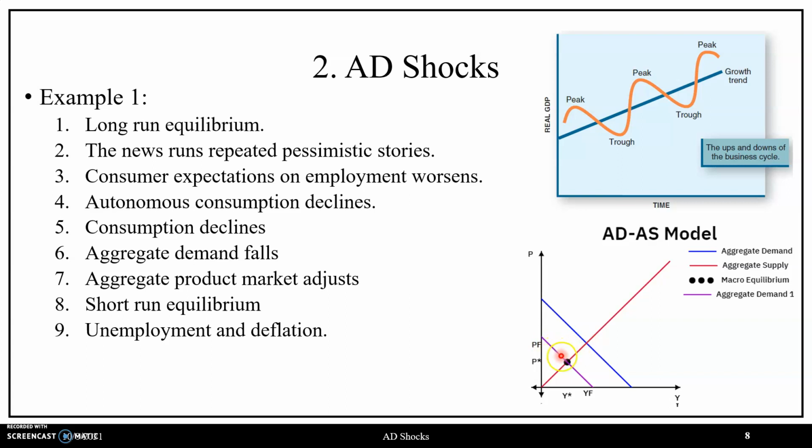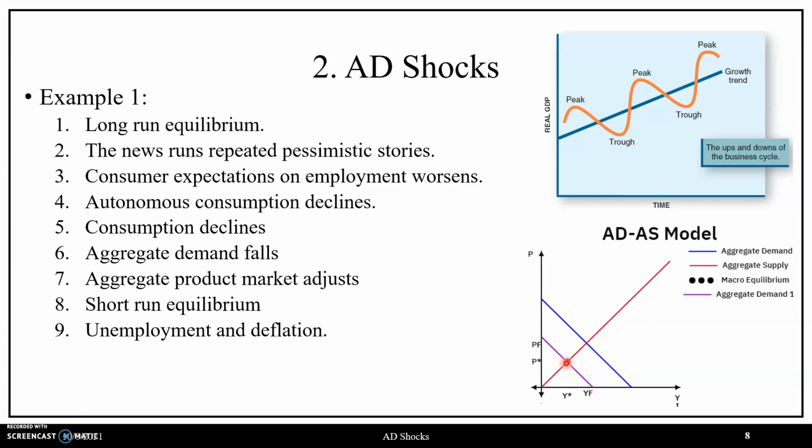Then we have an adjustment period in which we move downward along the AD1 curve until we reach the new intersection of AD1 and aggregate supply, at which we arrive at the new equilibrium state of capital Y star and capital P star in terms of our real output and average price level.